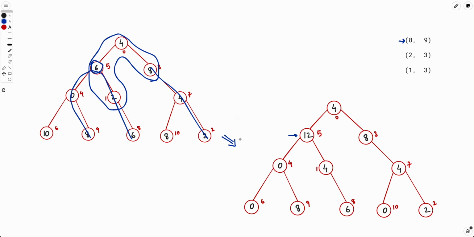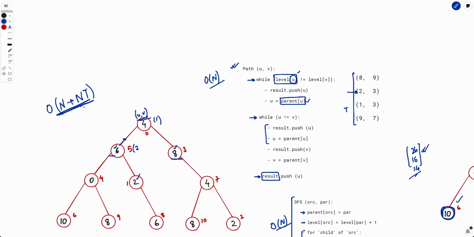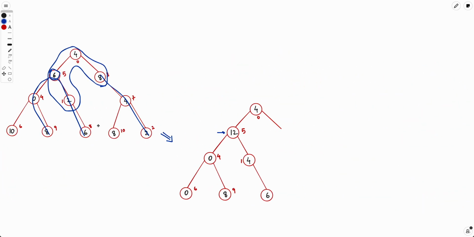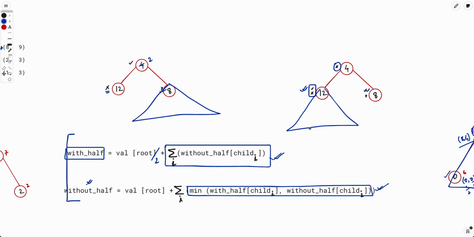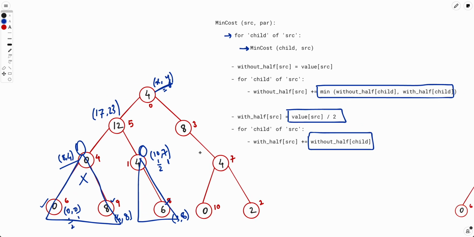So we build this tree from the given tree by applying this exact same algorithm, where there is no concept of halving at all. Once we build this tree, we can simply apply this particular algorithm and get the final minimum sum possible, if we have to have some of the nodes, right?